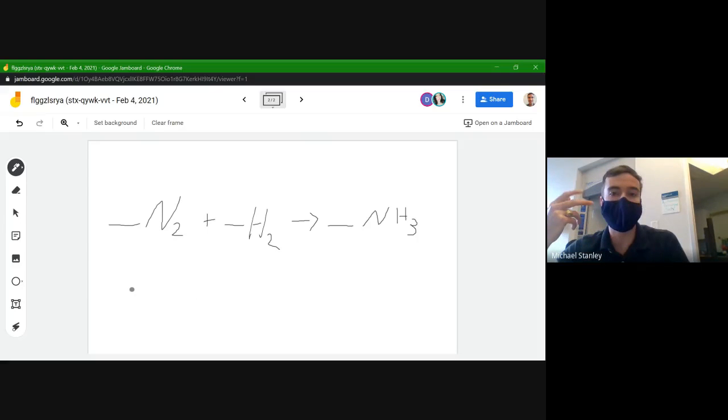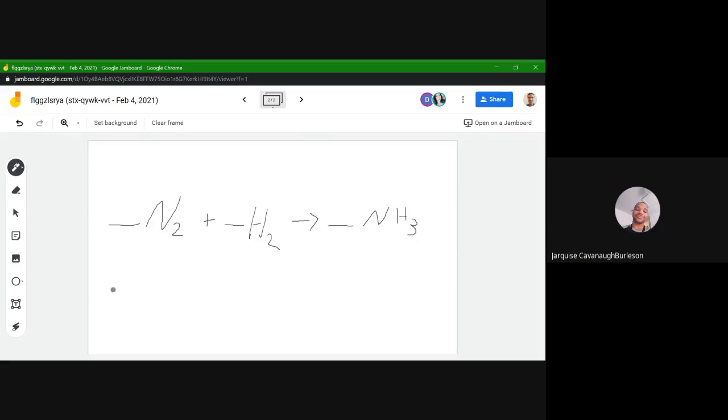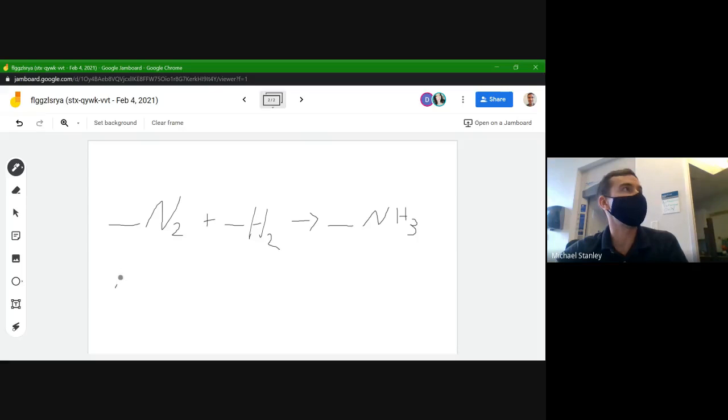So what are the 2 different atoms that we're working with in this example? The N and H? N and H, precisely. So we've got some N's and we've got some H's.